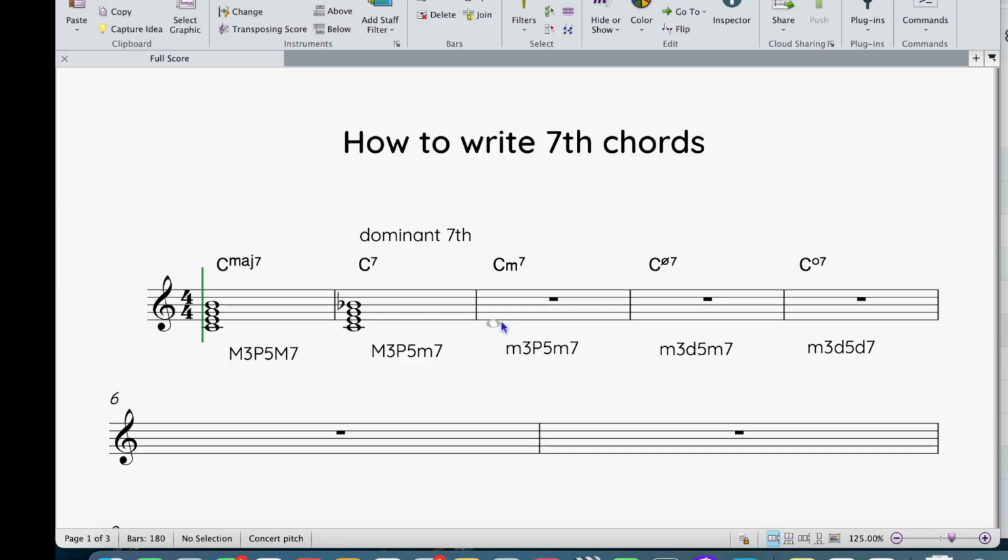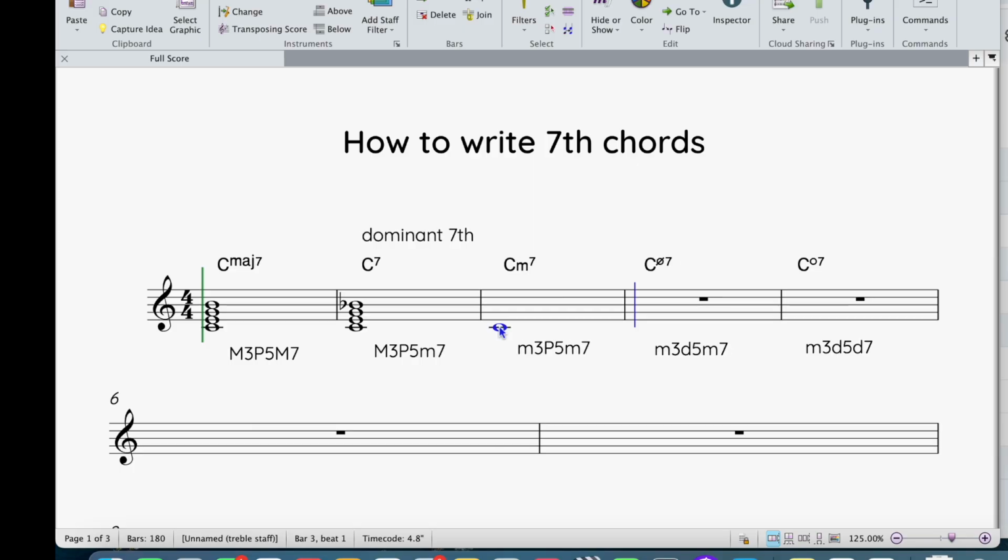So I'll go through and complete these now. C minor 7 has a minor third, perfect fifth, and a minor seventh. So if we go up a third, C to E is a major third, but we need a minor third, so we'll lower that to E flat. Now we need a fifth above, so perfect fifth above C is G, and then we need a minor 7, which we know from here.